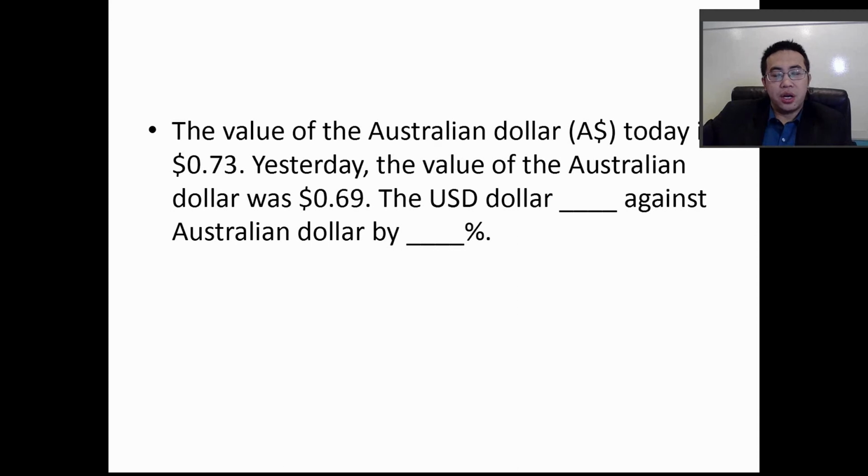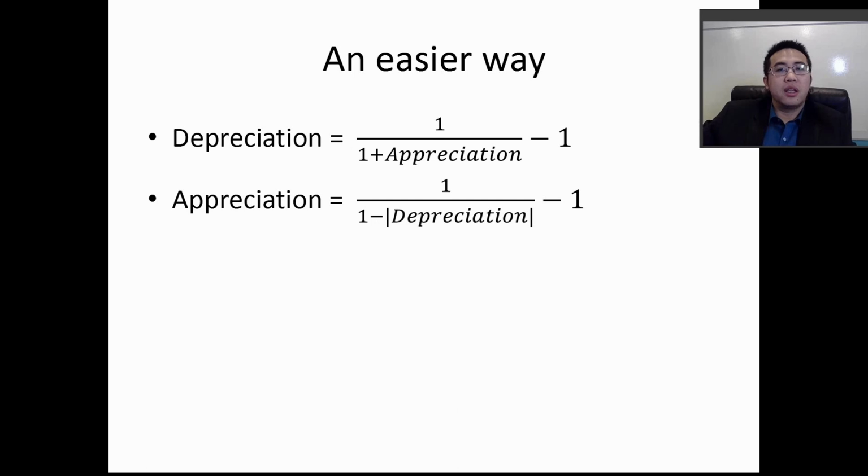The answer is also shown in the notes bar of the PowerPoint of this slide. There is also an easier way. The amount of depreciation is 1 over 1 plus the amount of appreciation, which is a positive number.